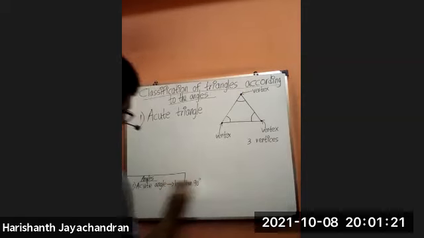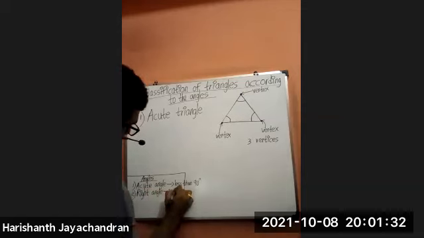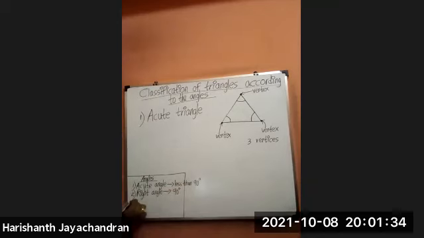The second one is a right angle, which should be exactly equal to 90 degrees. Third one, obtuse angle.